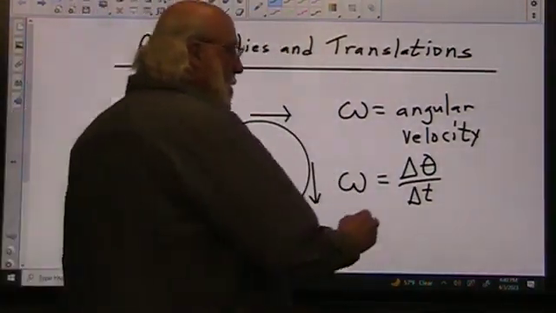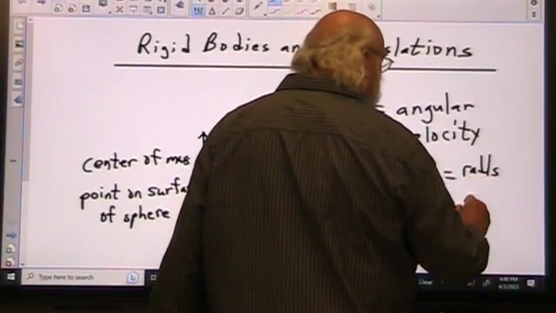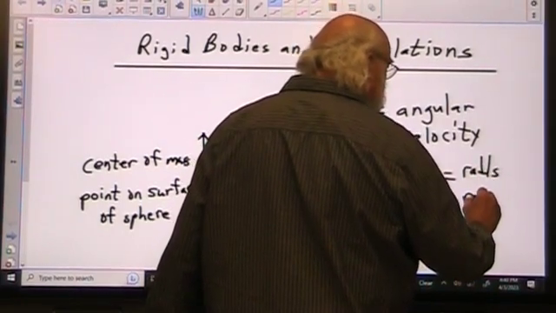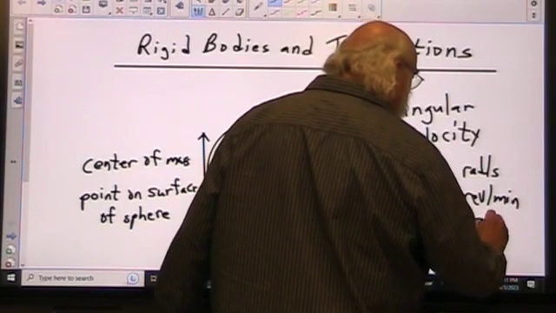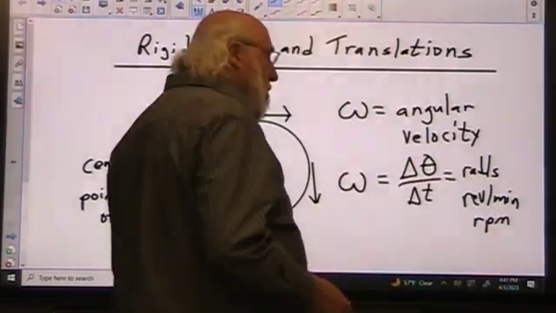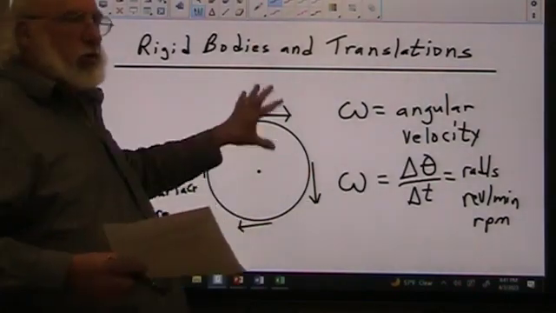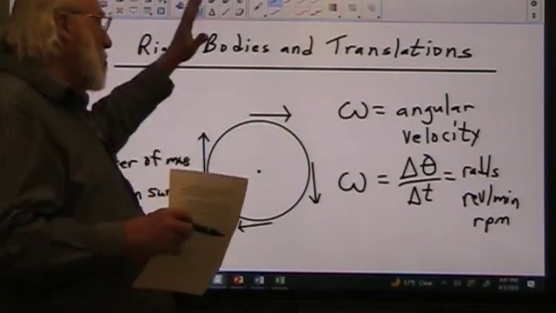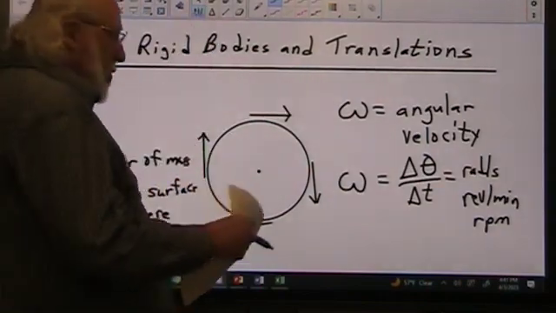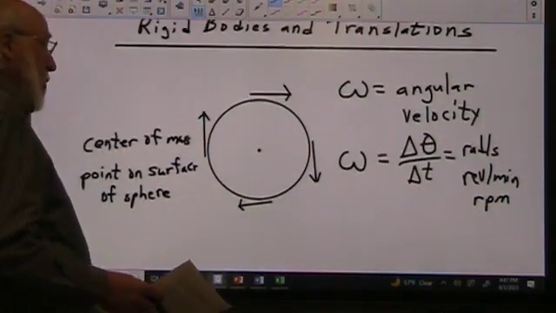And generally we had labels of radians per second or revolutions per minute, also known as RPM, anything like that. But that only deals with the rotation part, the actual counting of how many times it rolls around or how many radians it's moving. We can go degrees per second if we want to be old school, which we don't.